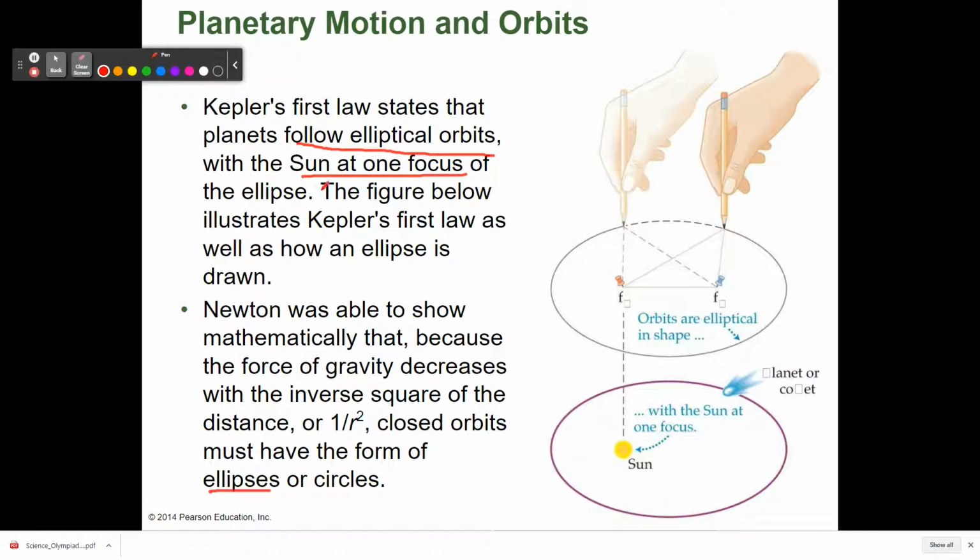So Kepler's law describes the motion. Newton's law explains why it has to be that way, because the force of gravity decreases with the inverse square of the distance between those two objects. So as you're getting closer, that force of gravity is going to be stronger, and that's going to cause it to curve around and make that elliptical shape.